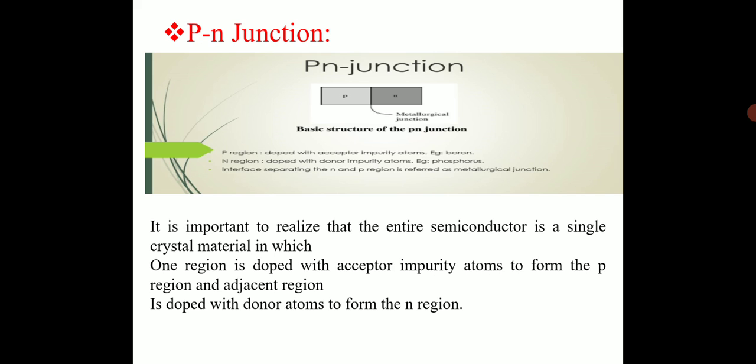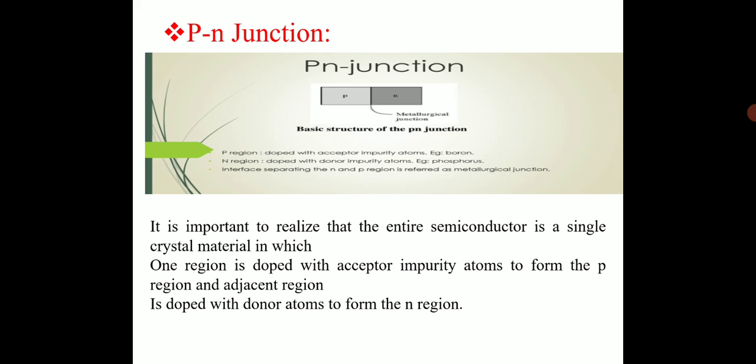We know from the previous video on types of semiconductor that in the p region the majority carriers are holes and the minority carriers are electrons. In the n region, the majority carriers are electrons and the minority carriers are holes. When p and n join together, this junction is formed, the p-n junction, which is also known as a metallurgical junction.